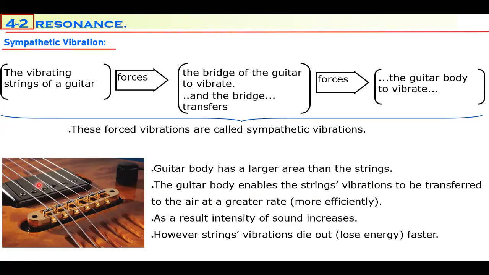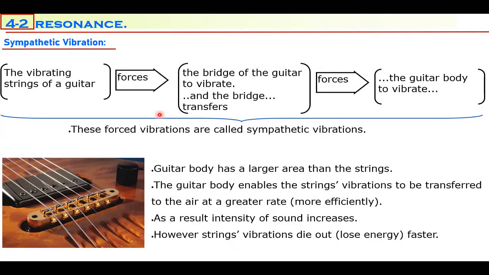But if you use the guitar, because so many molecules will be in contact with the guitar body, energy from the string can easily be transferred to the air and sound intensity can be increased. However, if you use the guitar body, the string's vibration dies out faster. I mean, the vibration cannot continue for a longer time, because energy is lost very quickly to the air, so the vibration will stop in a shorter time.